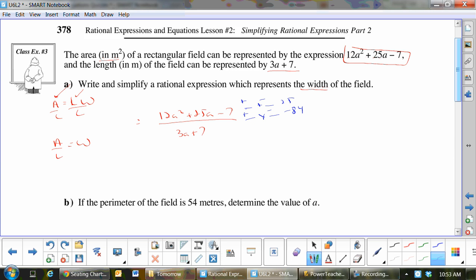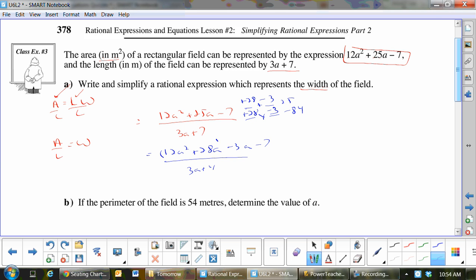Okay? So this is 12a squared plus 28a minus 3a minus 7 all over 3a plus 4.